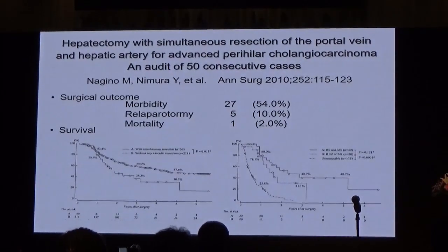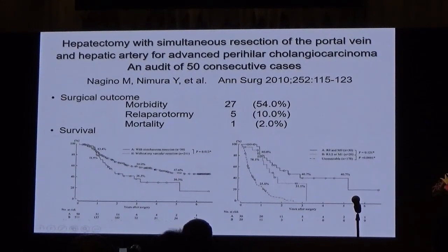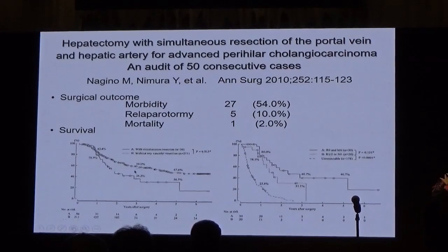Looking at the survival curves for patients with simultaneous resection of the portal vein and the hepatic artery, we reported in Archives of Surgery 10 years ago. Look at here, morbidity rate of 54%, and mortality rate of 2.0%. And here you see simultaneous resection is here, and other procedures are here.